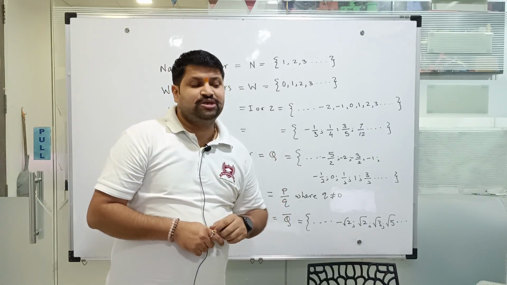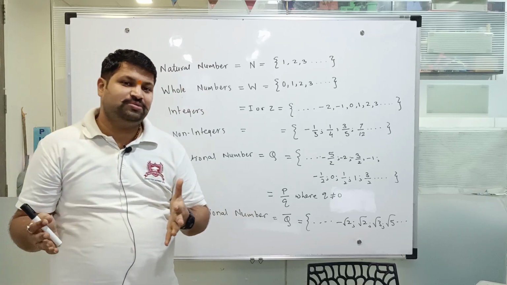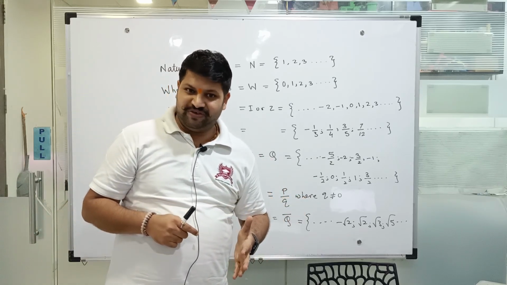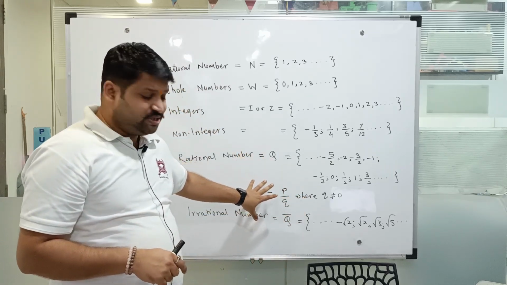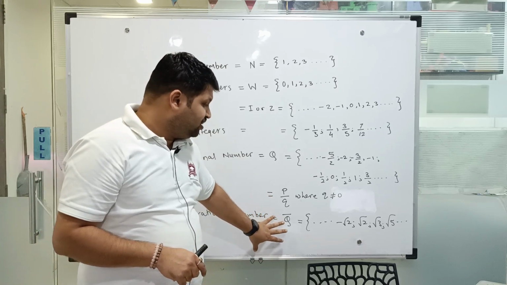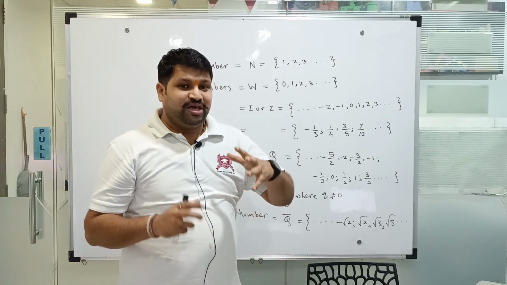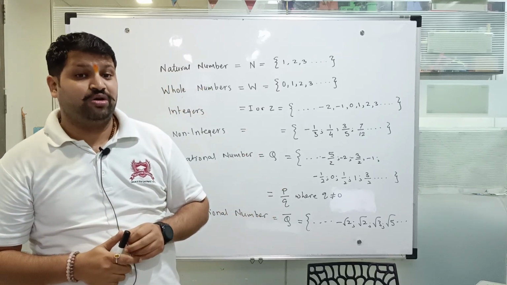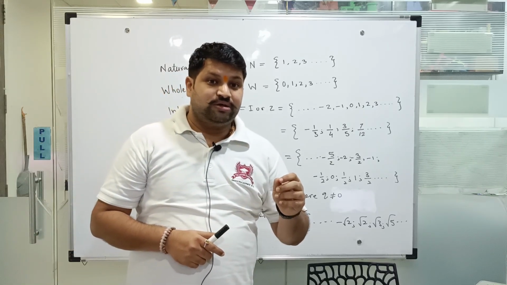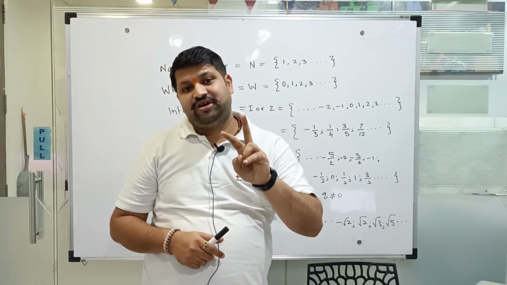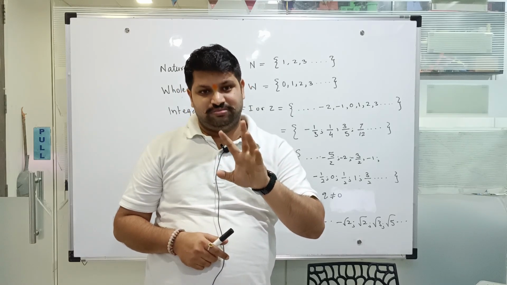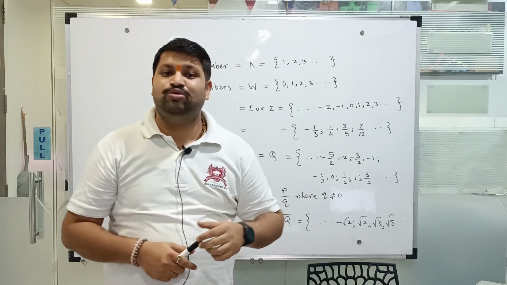Now there are two ways in which we can have rational numbers and irrational numbers defined. One of them we've already discussed, whether it can be put in the form of P upon Q or not. Now, if a number is put in the form of P upon Q, there can be two outcomes.